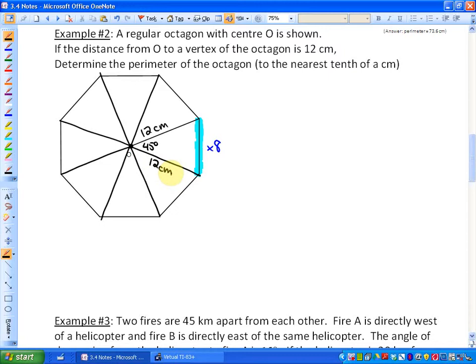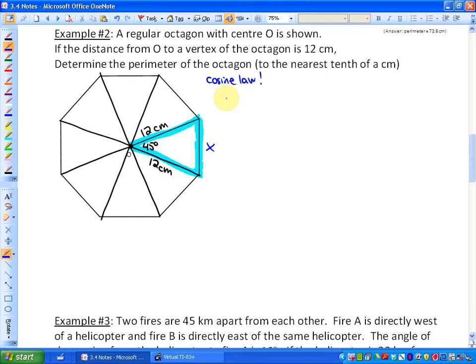So here's one method that you could find out that blue side, or maybe I'll just label it with an x. One method is by using this triangle here, and at this moment you could use the cosine law. So if you'd like to, you could go ahead and do that.